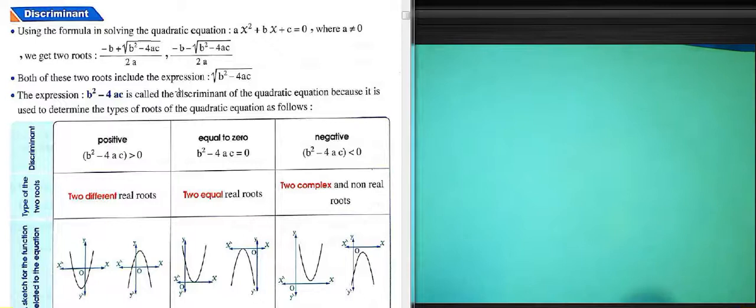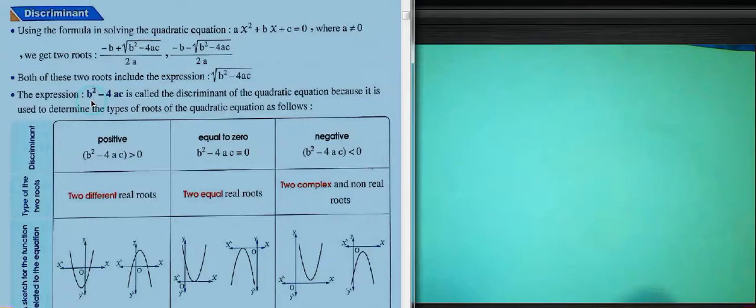Both of these two roots include the expression square root of b power 2 subtract 4ac. The expression b power 2 subtract 4ac is called the discriminant of the quadratic equation because it's used to determine the types of roots of the quadratic equation as follows.